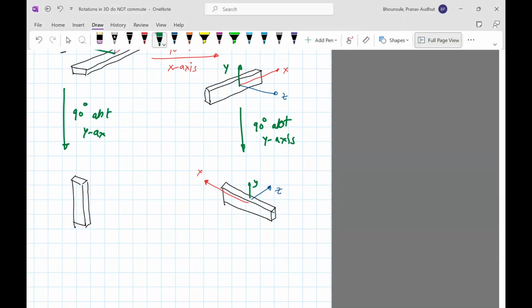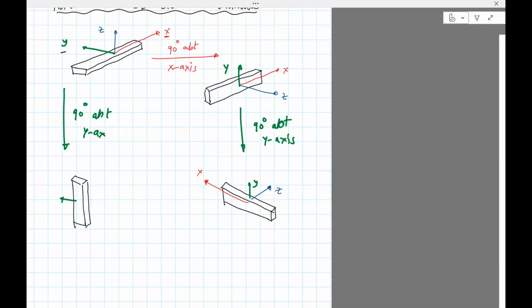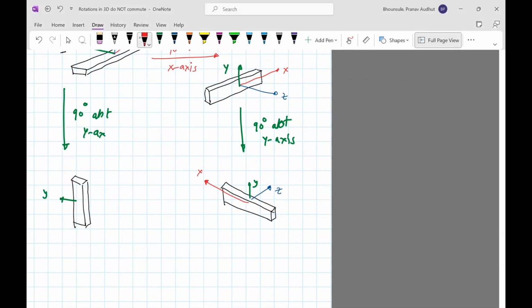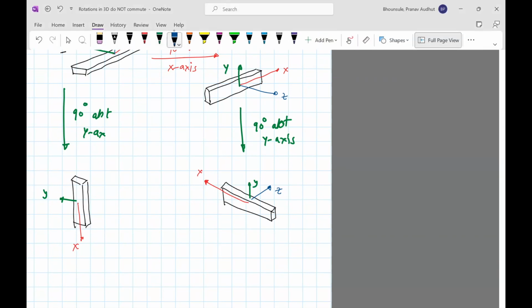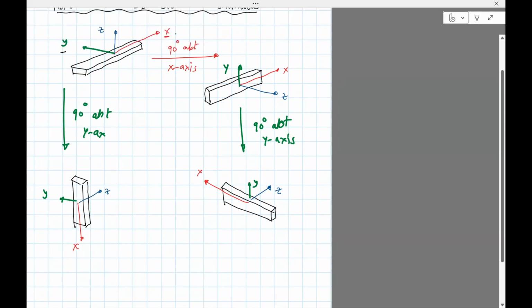Y will still be this way. This is y. X is down. And z will be this way.